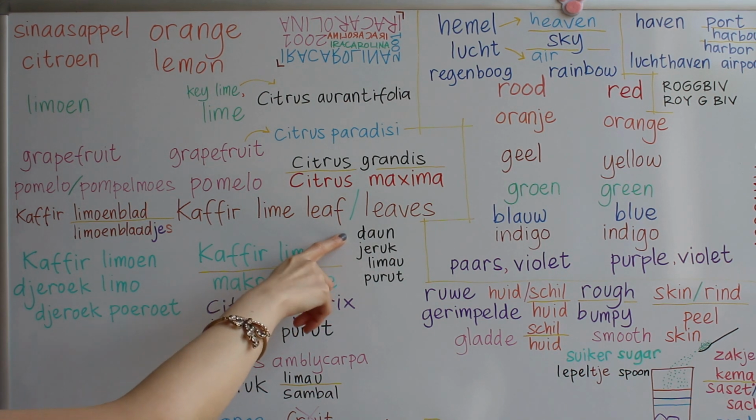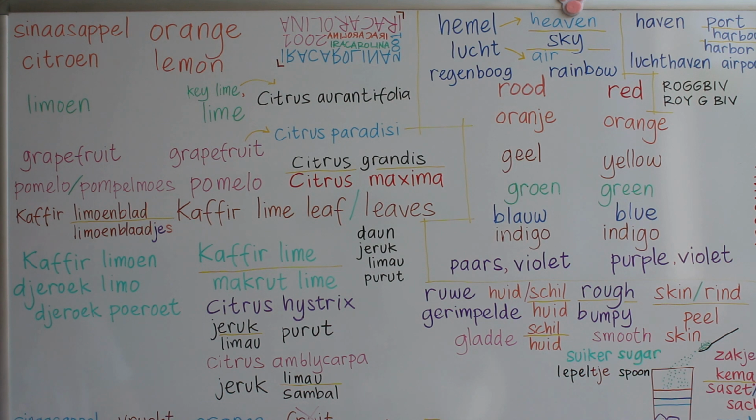Daun is the Indonesian word for leaf or leaves, but it has been used for years that when you want the leaf, you say jeruk purut. So there's a possibility you say jeruk purut and they give you the leaves instead of the fruit, but it should be the fruit.